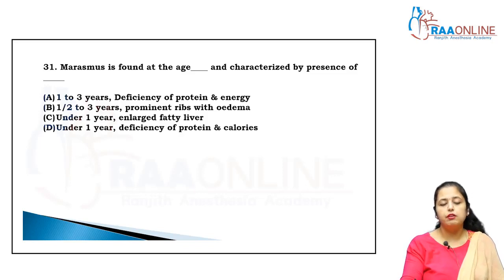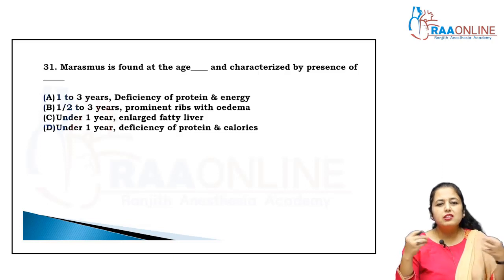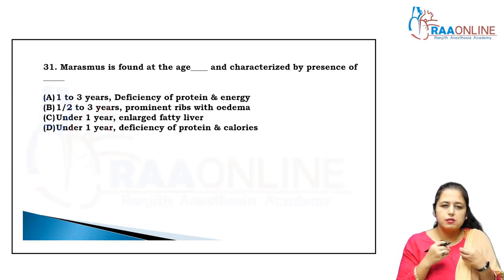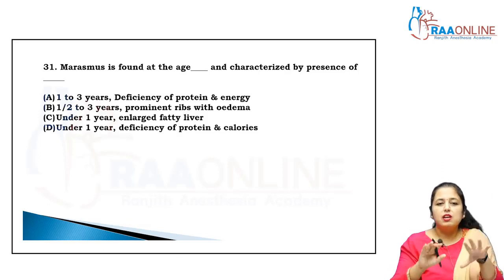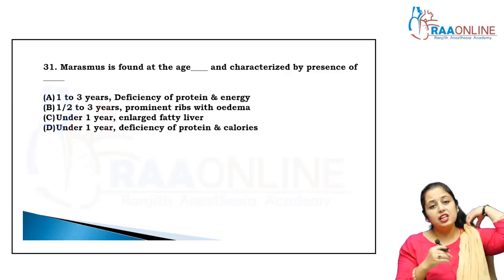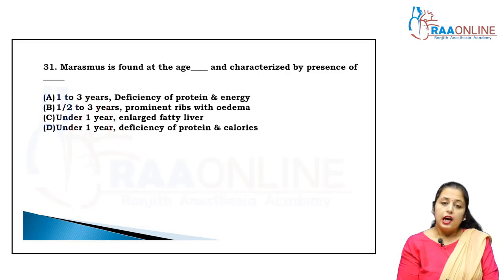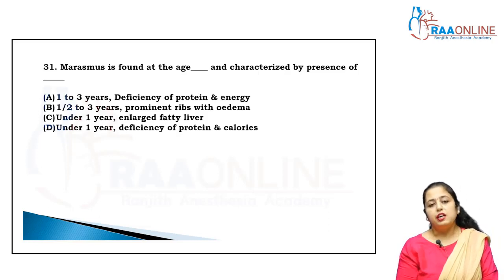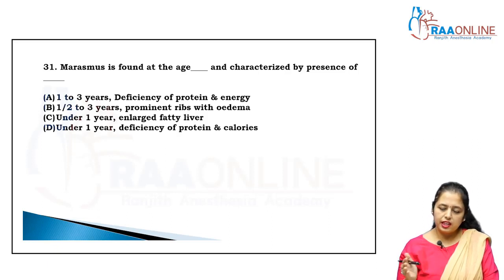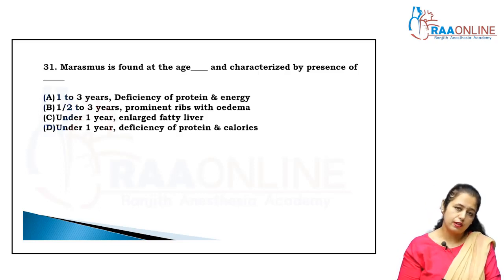So there is no accumulation of fat all over the body, it is just length, and skin is stuck with the bones, right? You can count the bones individually in that kind of patient, right? And most of the children under 1 year of age are affected with marasmus in case of malnutrition, right?